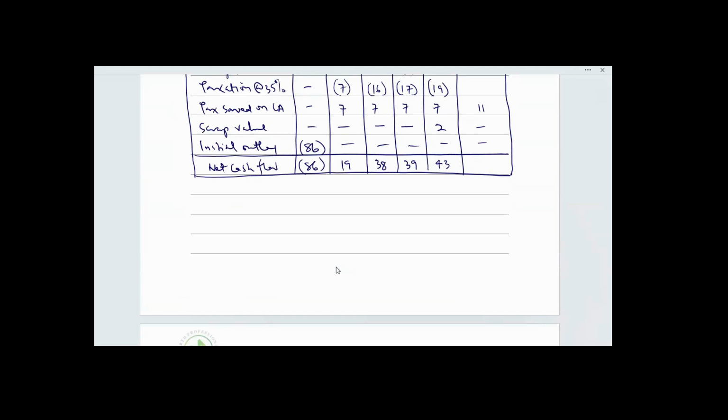When you look at the net cash flow, our cash inflows are almost double the cash outflows. 19 plus 38 plus 39 plus 43 is almost double the 86 million outflow. So if you assume 5% or even 10%, you'll just be doing iteration. Let us start from 15% and see.